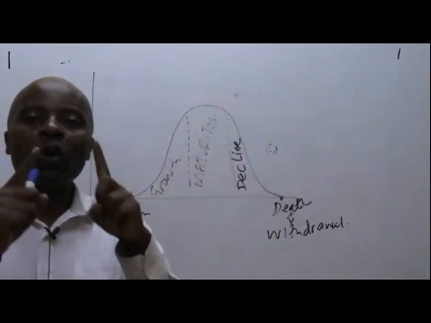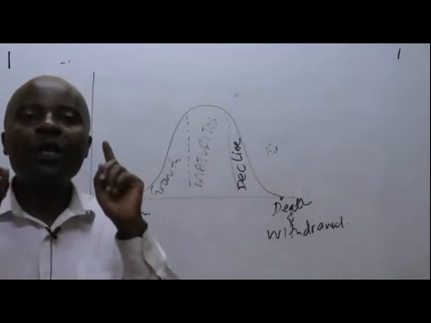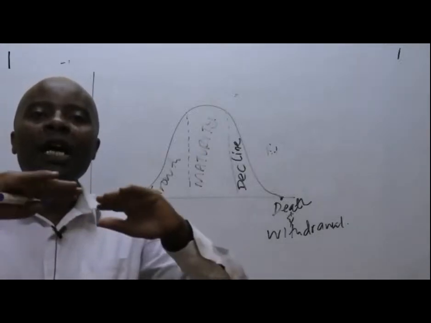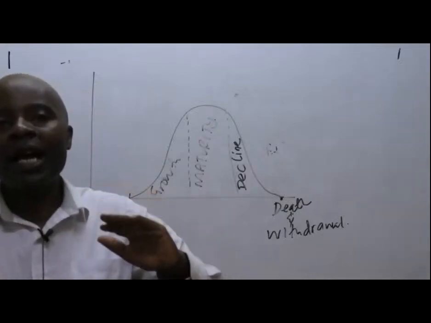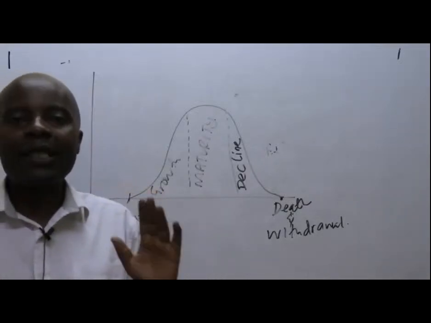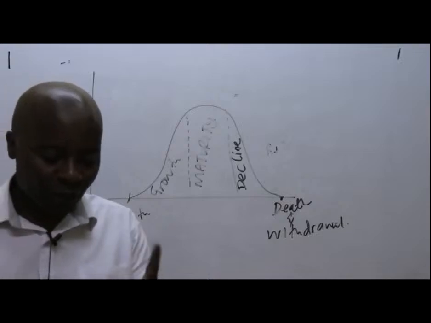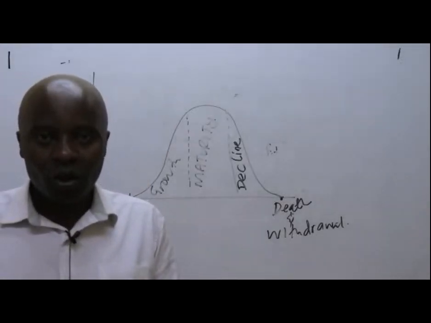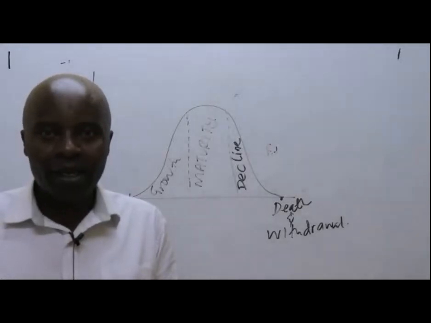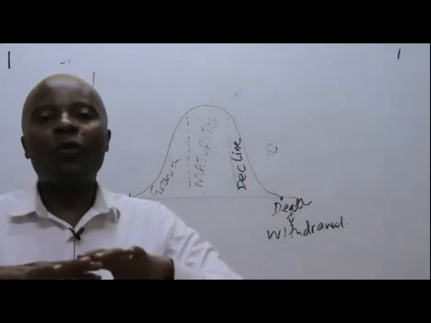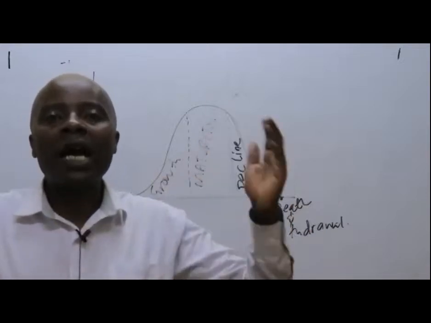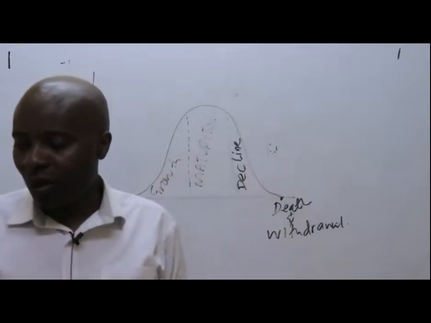So we do cost tracking, we do revenue tracking of a product over its entire lifetime. Whenever they talk of life cycle costing, remember cost tracking and revenue tracking of a product over its life cycle.